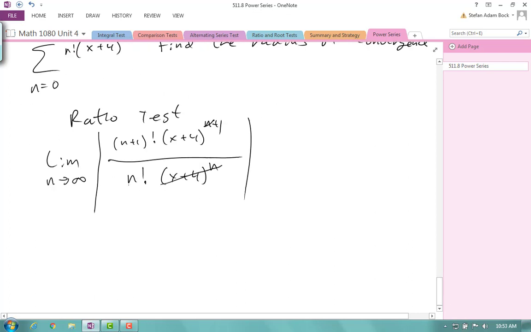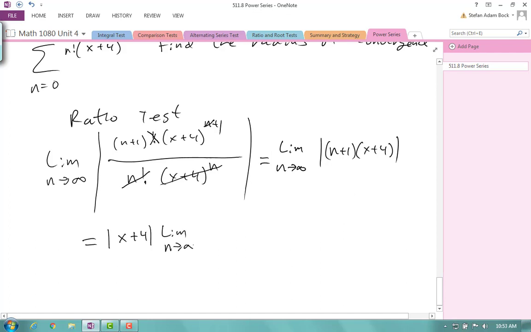And just like before, the n factorial will cancel with most of this factorial, leaving me with just an n plus 1 on the top of the fraction. So this is equal to the limit as n goes to infinity of the absolute value of n plus 1 times x plus 4. Or if I break up this absolute value across multiplication, I'll have an absolute value of x plus 4 outside of the limit, and I'll have the limit as n goes to infinity of n plus 1.